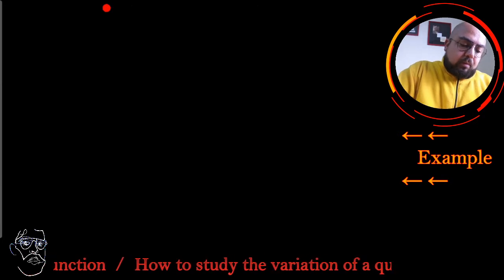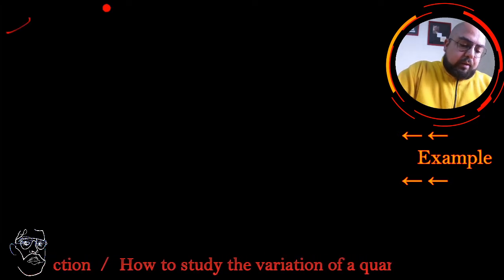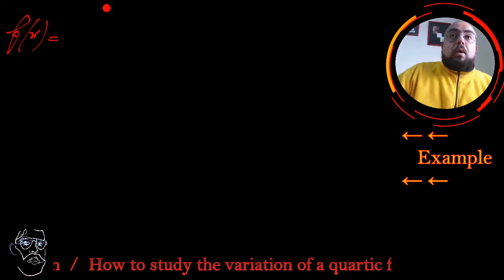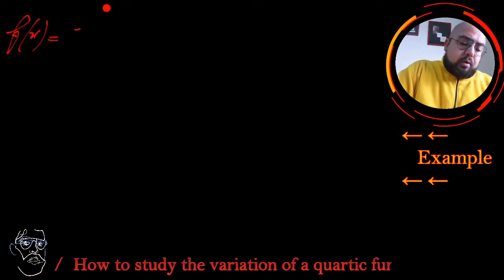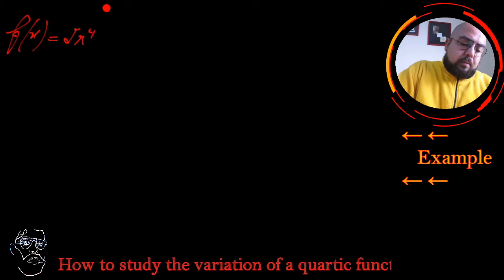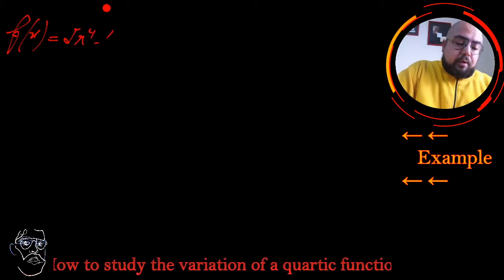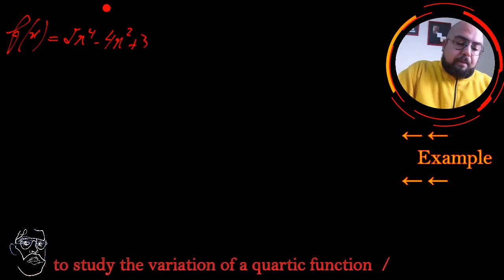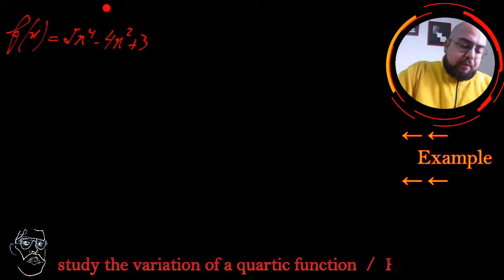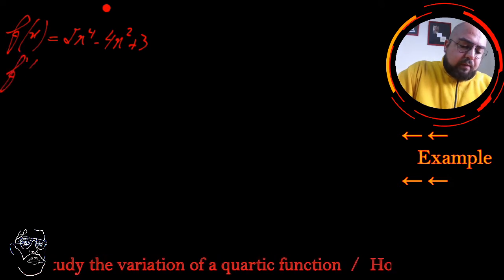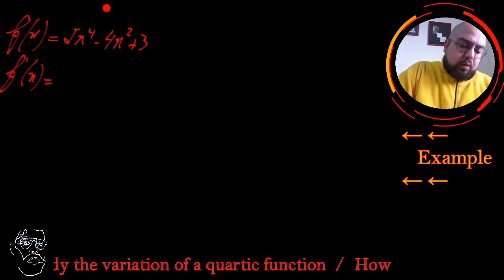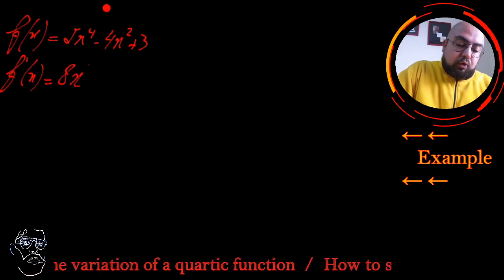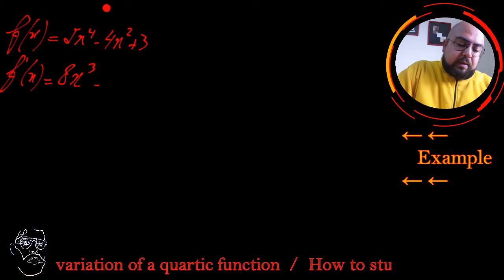So f(x) is equal to 2x^4 minus 4x^2 plus 3. All right. f prime of x, which is the derivative, it's very easy to calculate. It will be 8x^3 minus 8x.